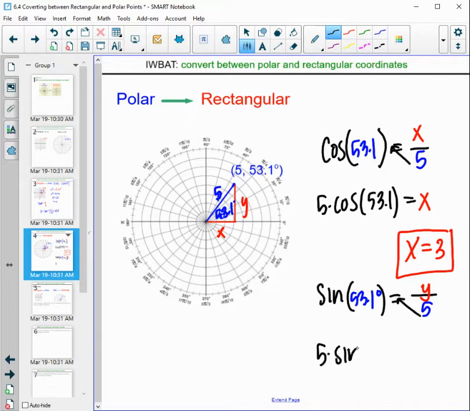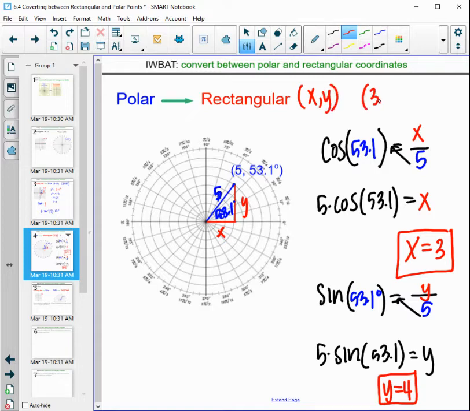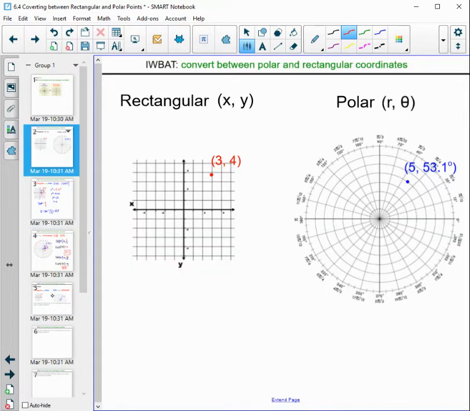So we'll have 5 times sine of 53.1 is equal to y. If you type that into your calculator, you are going to get y equals 4. And then remember that a rectangular point is x comma y. So x was 3, y was 4. Definitely what we remember from here.